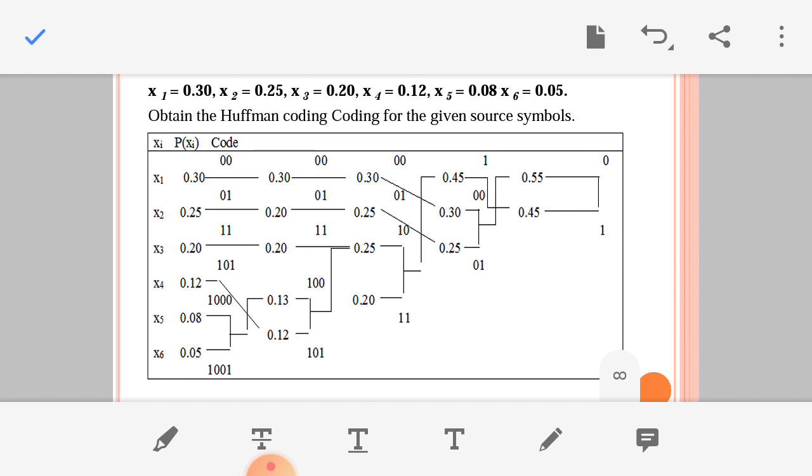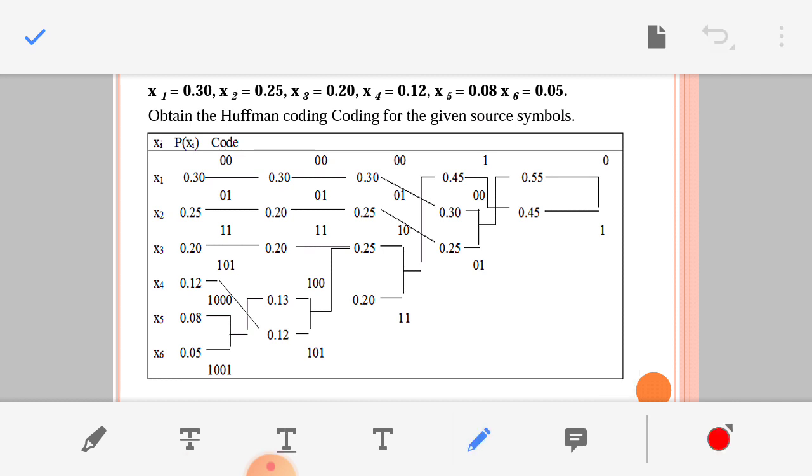Then we add 0.08 and 0.05. We get 0.13. Then in step 2, reorder the sequence.